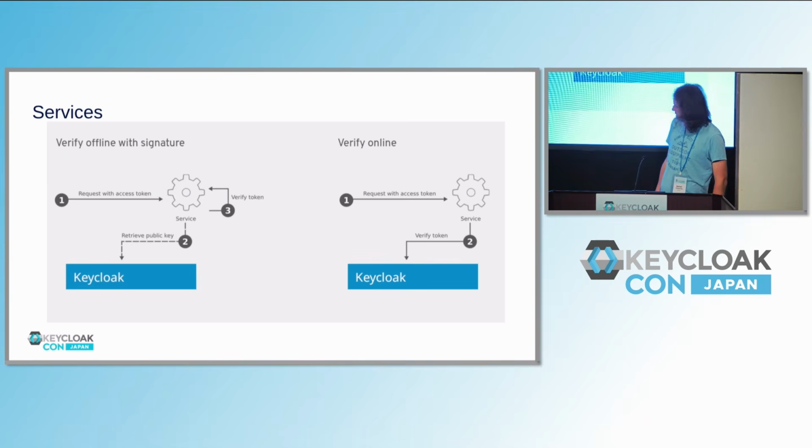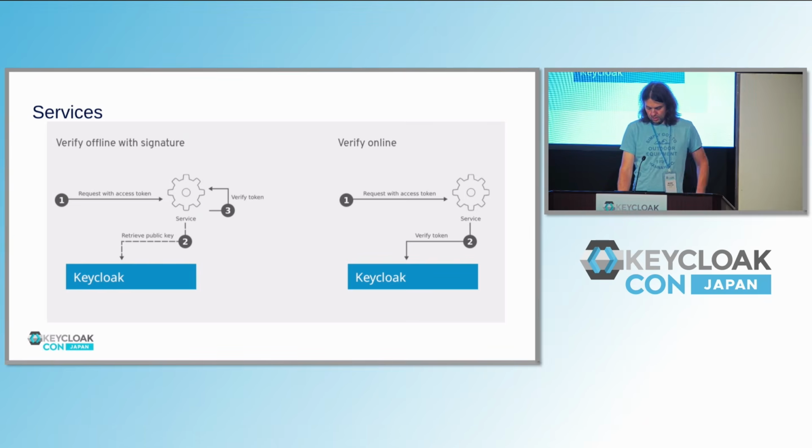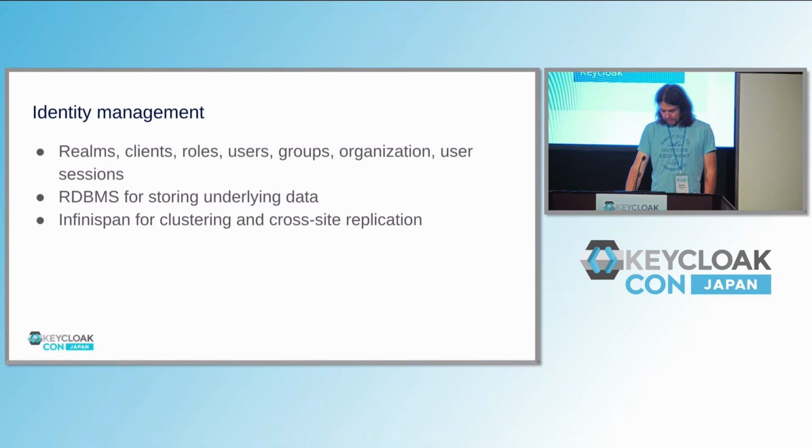The service can verify the token either by verifying the signatures, where the service will need to download the public key and so on. But maybe the better way is to call Keycloak with the token. The Keycloak server has an endpoint, the introspection endpoint, which can verify if the token is correct and if it's still valid.